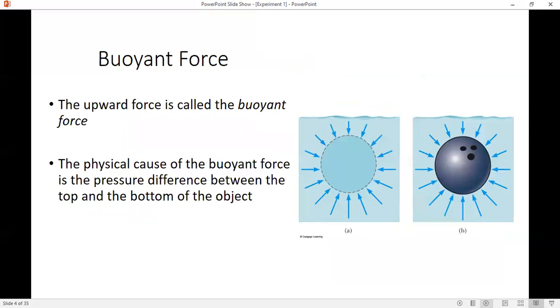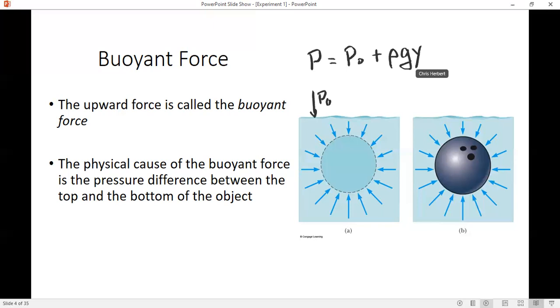So what is the source of this buoyant force? Well, we actually have to look at an earlier concept that we covered in fluids. That is that the pressure exerted by a fluid is equal to the atmospheric pressure, which would normally be about 10 to the 5th pascals, plus the pressure due to the weight of the fluid.